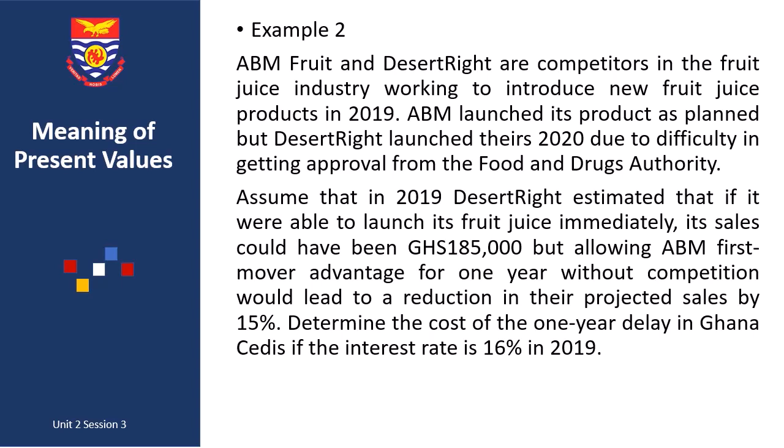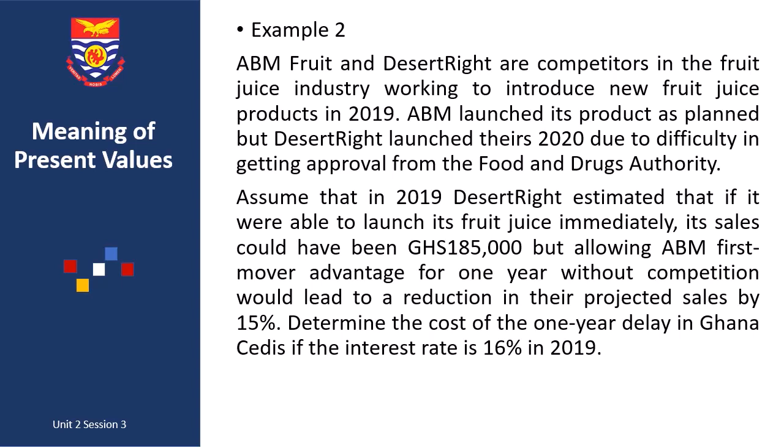Do you get it? And now because they were unable to launch it in 2019 and they launched it in 2020, they made adjustment to their projection in 2020 that it will reduce by 15%. So what it means is that the projection for 2020 is 85% of the projection in 2019.